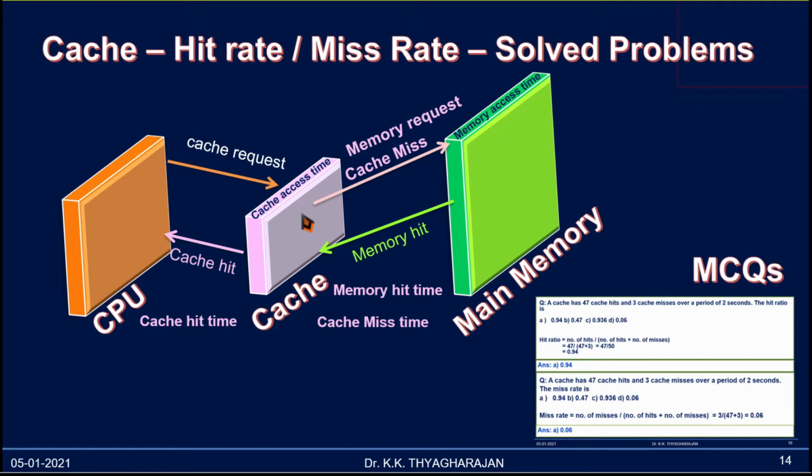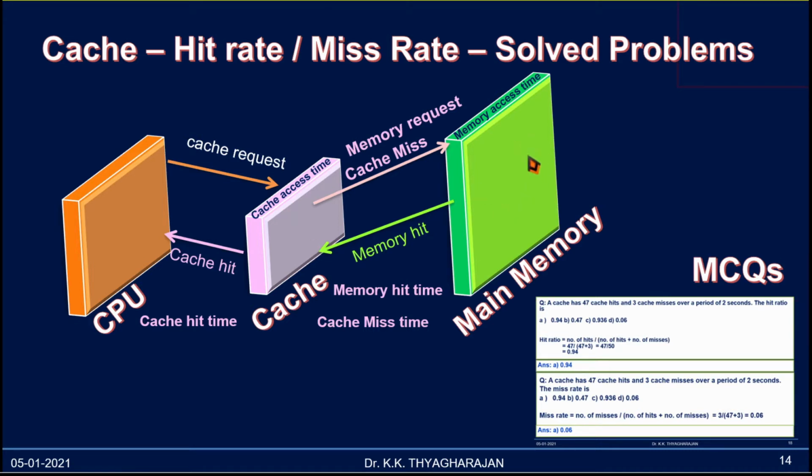If that data is not available, then it is called a cache miss. In that case, that particular data will be available in the main memory. So, a memory request is issued. If the data is available in the main memory, then it is called a memory hit. The data will be searched in the memory, retrieved, and issued to the cache.